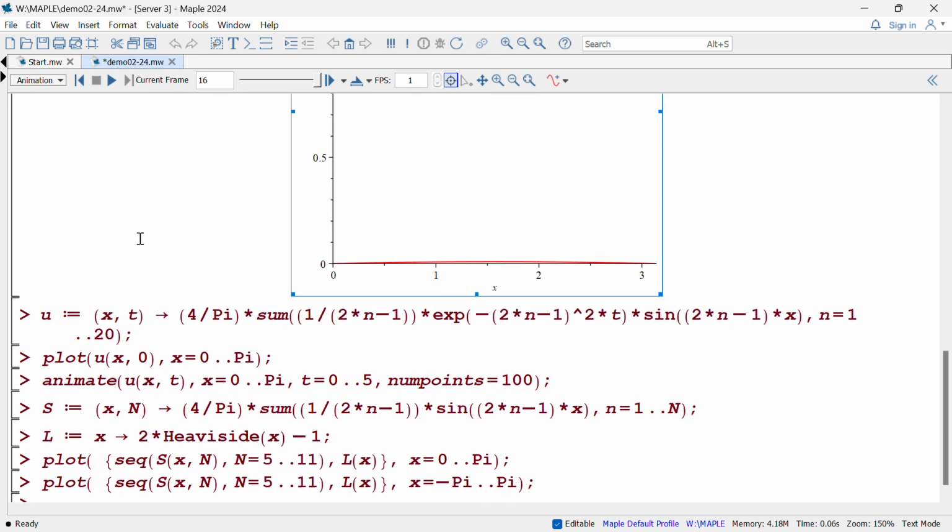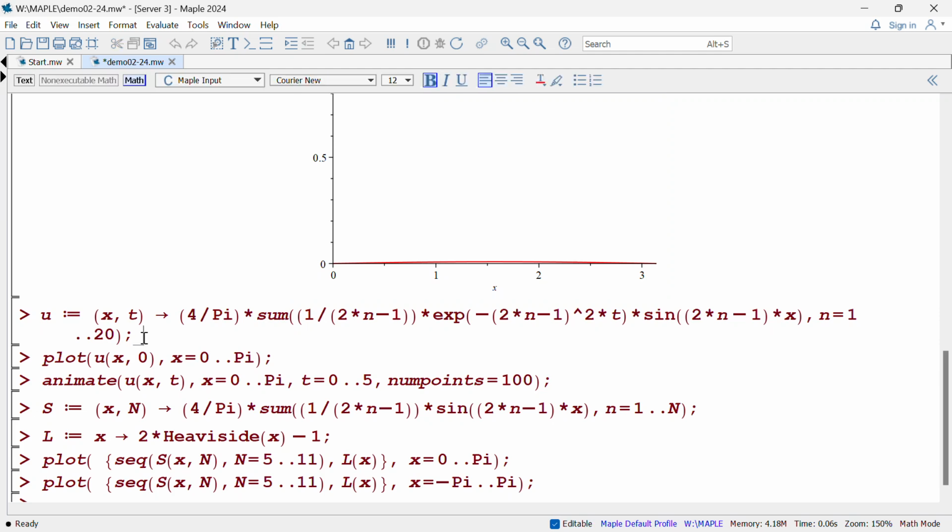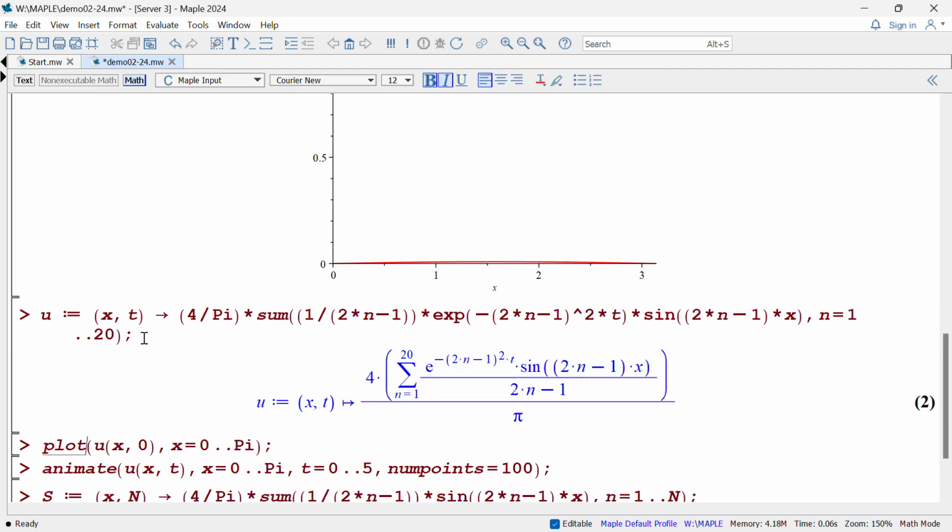Let's see. So these are the Fourier sine coefficients for the classic jump function. And remember, they don't alternate anymore, and they're only the odd numbers. So they go 1, 3, 5, but they're not square integrable. That was one of the weird features, and they don't alternate.